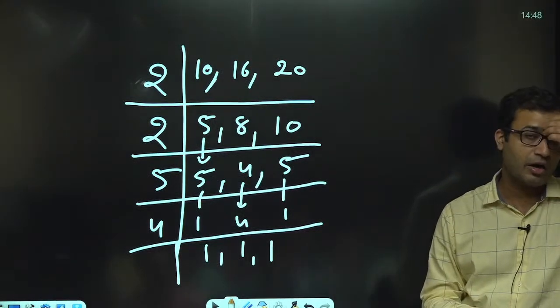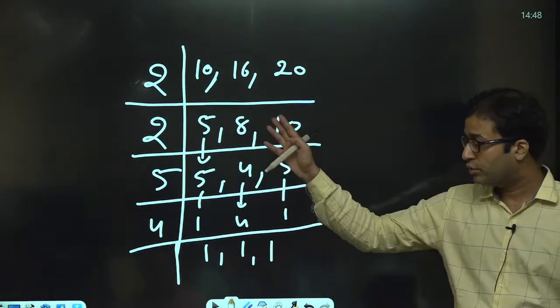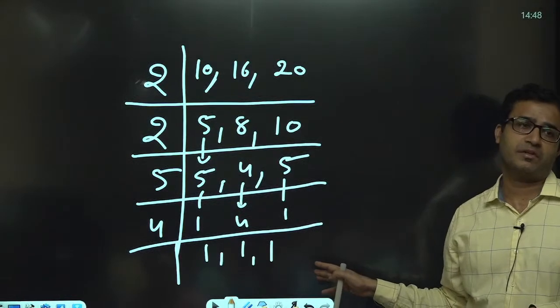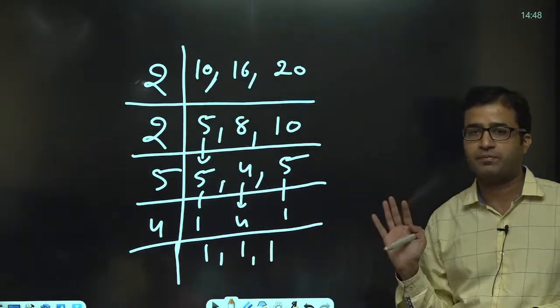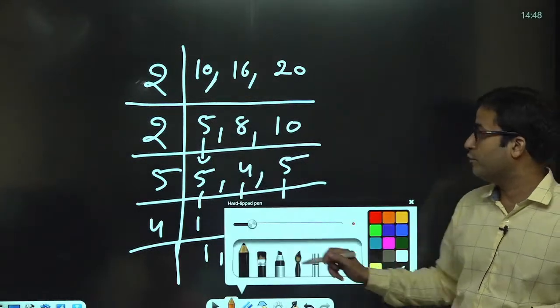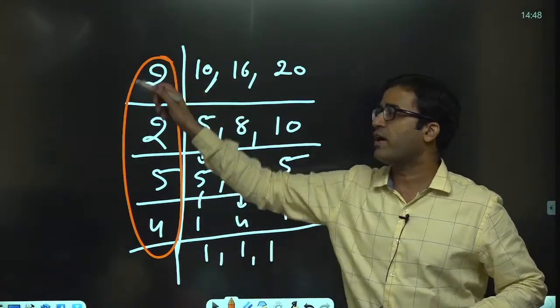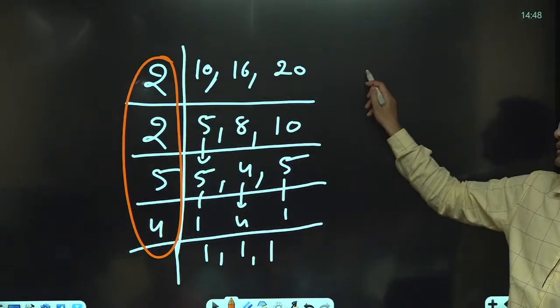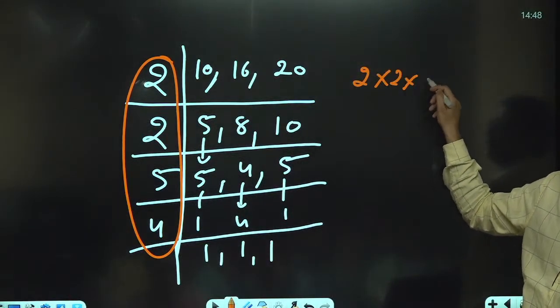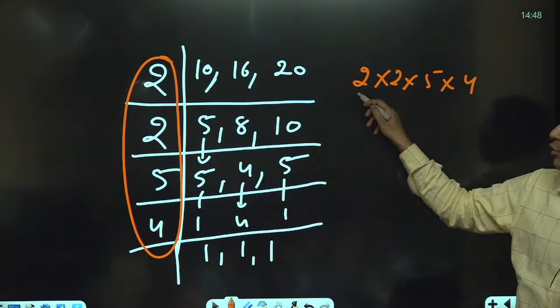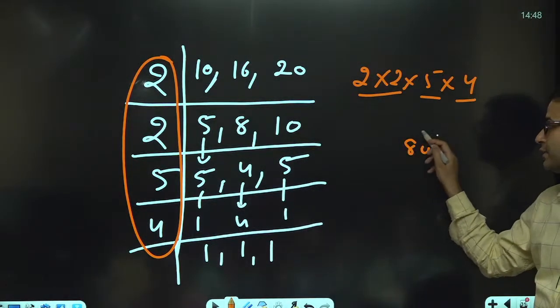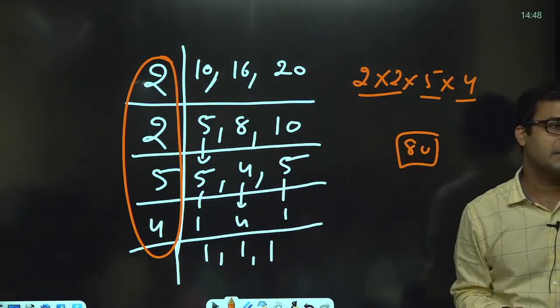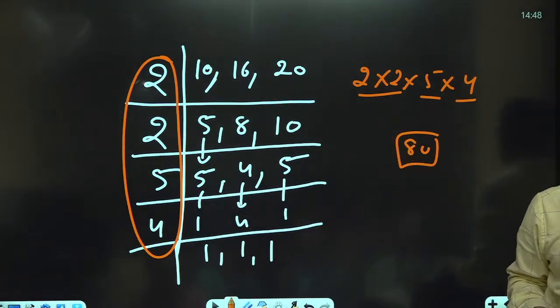Those who want to learn from the basics, you have to make all these numbers 1, 1, 1. You take common, common, common till the last step. And after that, if you multiply all these factors here, that is LCM. So 2 into 2 into 5 into 4, so 4, 20, 20 into 4, 80. So the LCM of 10, 16, 20 is 80.